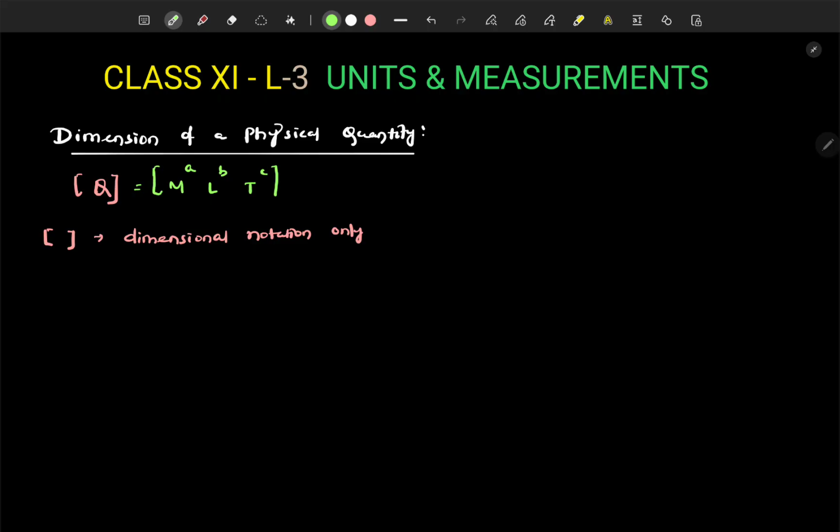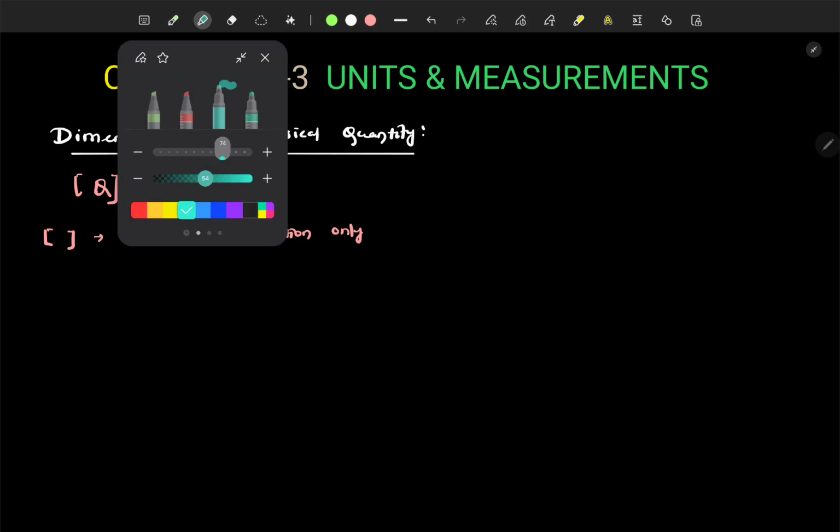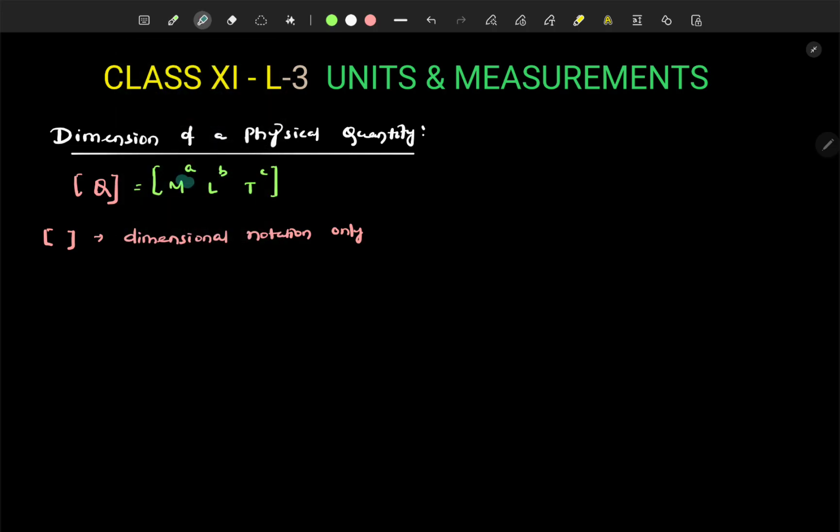So listen to one thing. What is the meaning of dimension? Dimensions are the powers of the fundamental quantities. Here in our example, A, B, C are the dimensions of physical quantity Q in terms of mass, length and time. That means we can say in the definition that dimensions of a physical quantity are the powers of fundamental quantities to which they are raised to obtain the physical quantity.